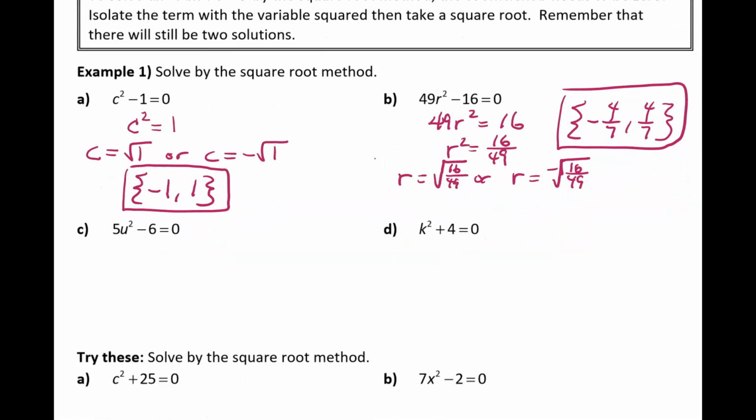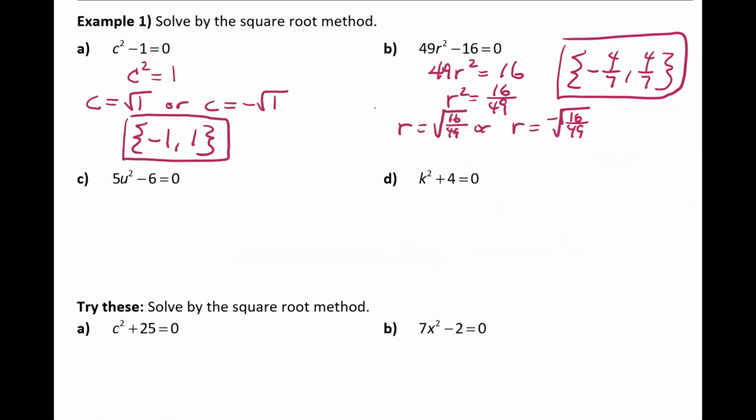In C, we have a similar sort of a setup. So 5u squared is equal to 6. So u squared is equal to 6/5. That means that u is equal to the square root of 6/5 or the negative square root of 6/5.